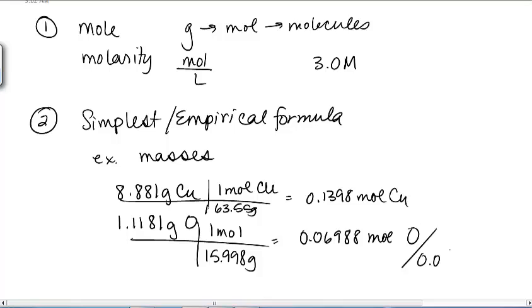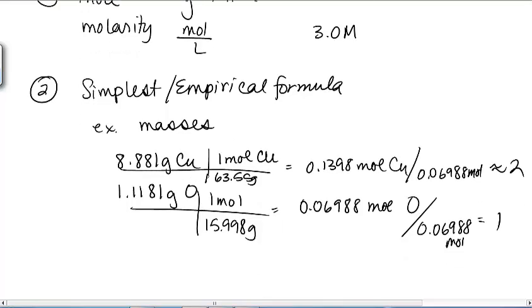Wow, can't write today. To see what that mole ratio is. Obviously, this one's going to be 1, and this one ends up being around 2. And so our formula then is Cu2O. 2 coppers for every 1 oxygen.